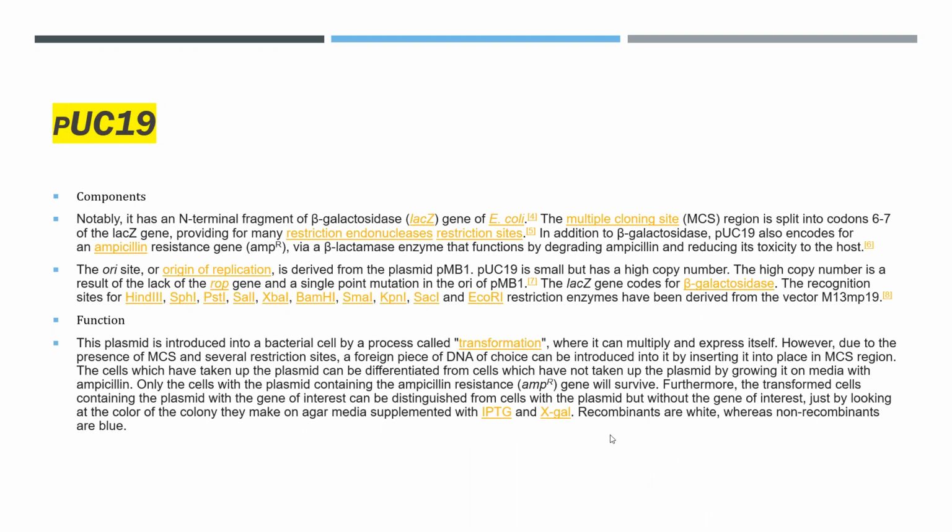If you get white colored colonies, you can confirm a recombinant plasmid is formed. If it is blue colored ones, it is a non-recombinant plasmid. Do you understand? With this explanation, the pUC19 topic is over.